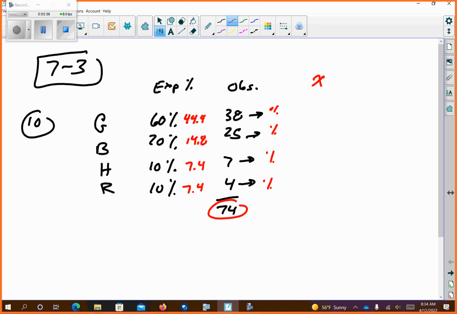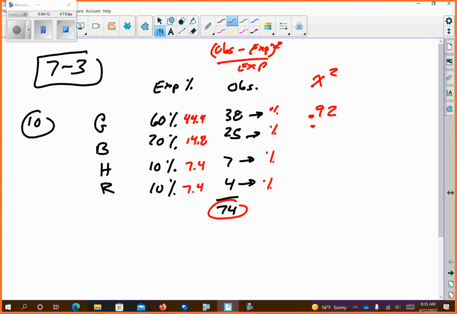So let's find our chi-squared value. Remember, that's going to be our observed minus our expected quantity squared all over the expected, and then we'll sum them up. So if I go 38 minus 44.4, square it, divided by 44.4, that's going to give us 0.92.